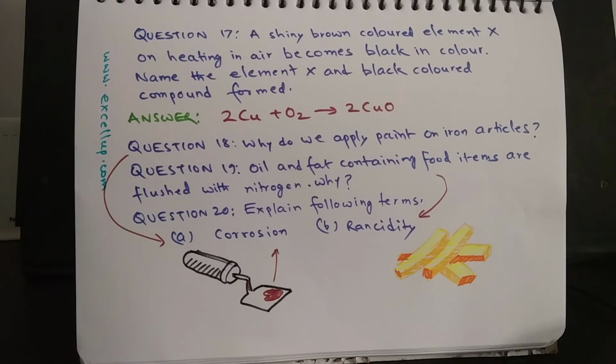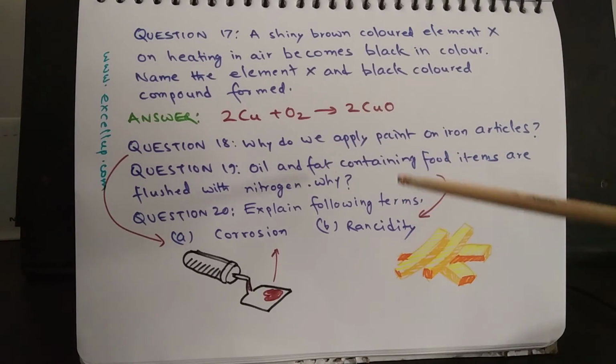So by painting iron articles, we are making a layer between the atmosphere and the iron article, so that no reaction takes place, rusting does not take place, and corrosion can be prevented. And that is why iron gates, chairs, furniture, bridges, all of them are painted to prevent rusting.